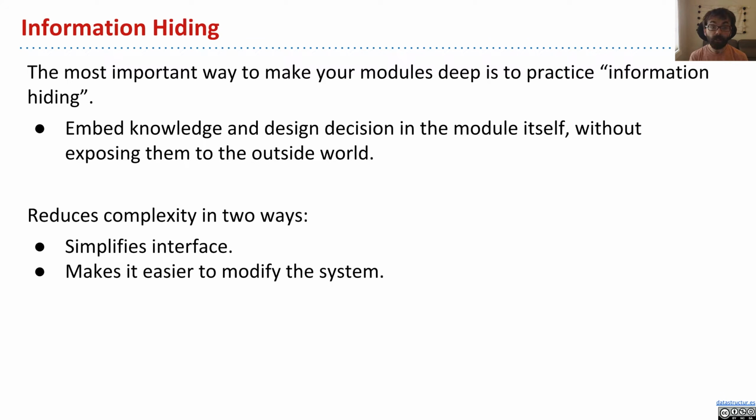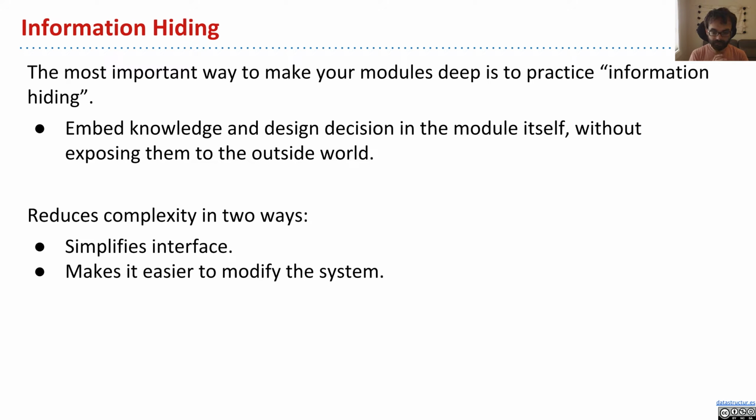Now, as you are trying to build modules and trying to make them deep in Project 3, I will say that one of the driving principles is that you want to practice information hiding. Okay? So one way to make your module deep is to hide as much stuff as you can inside the module. And what that means is you're embedding knowledge and design decisions that you've made in the module itself without exposing them to the outside world.